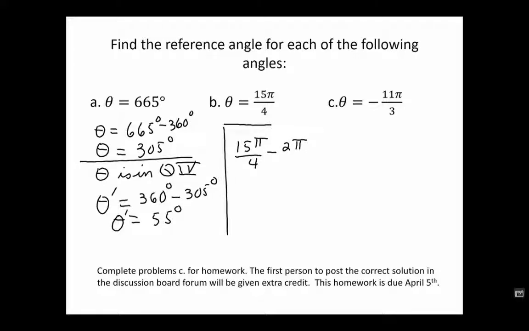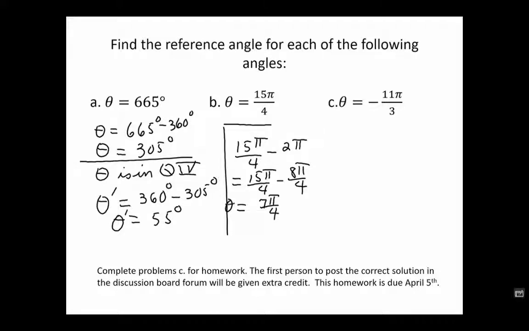So 15 pi over 4 minus 2 pi is 8 pi over 4 subtracted, and this is going to be 7 pi over 4. So we have a coterminal angle for 15 pi over 4, which is 7 pi over 4.